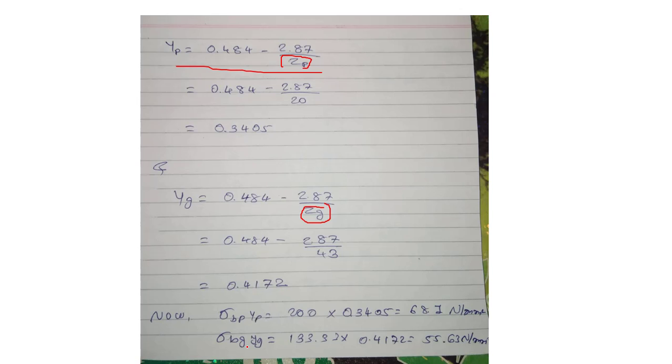Now multiplying both sigma and Y, sigma BP into YP is equal to 200 into 0.3405, that we already derived. So for the pinion the value is 68.1, and for gear it is 55.63.